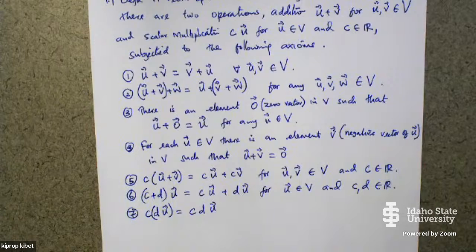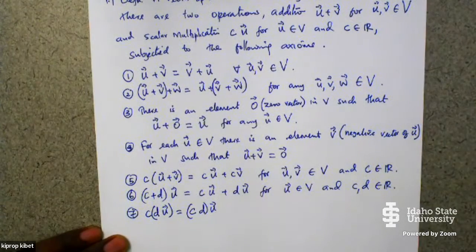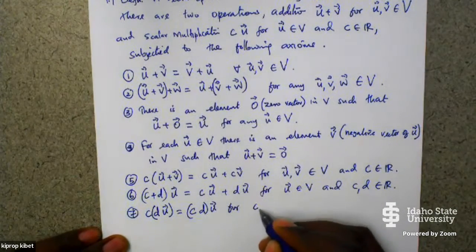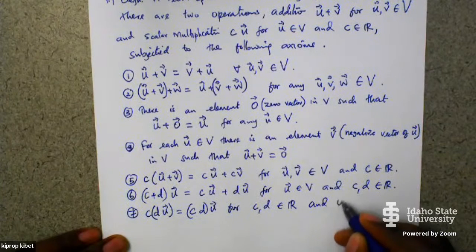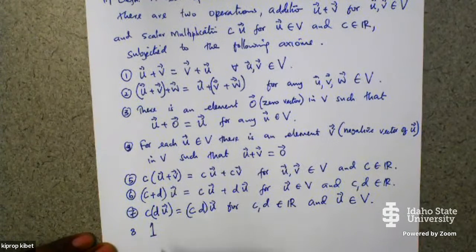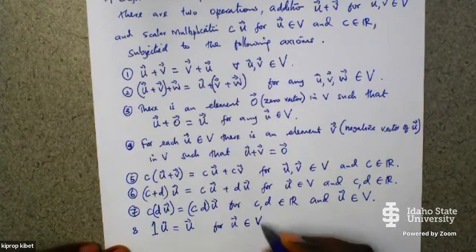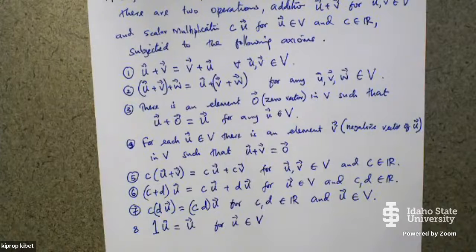You can multiply d and u and then multiply by the other scalar c, which is similar to multiplying the two scalars and then multiplying by the vector, for c and d elements of the real numbers and u in V. And finally, number 8, the identity: 1 multiplied by u is the same as u, for u in V. So those are the 8 axioms that must be satisfied for it to be called a vector space.